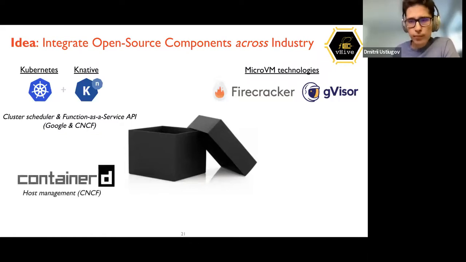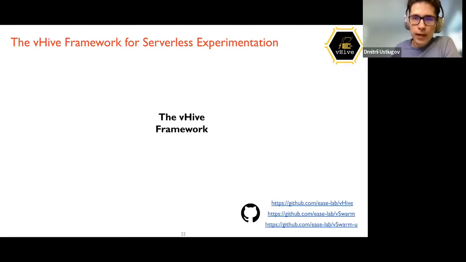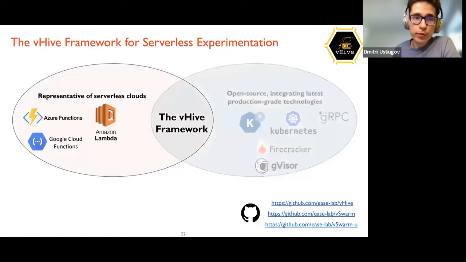And for the lifecycle of micro VMs and other control plane messages, we support Containerd, just like Knative. And gRPC is used across the whole stack, which comes with a lot of advantages, for example, for metrics collection and profiling. So the vHive framework today is representative of production clouds, and it includes only open source production-grade components.